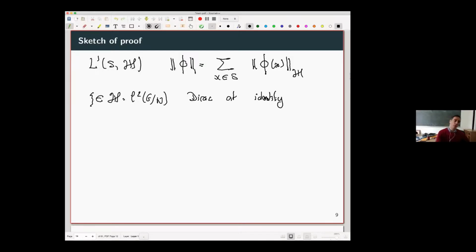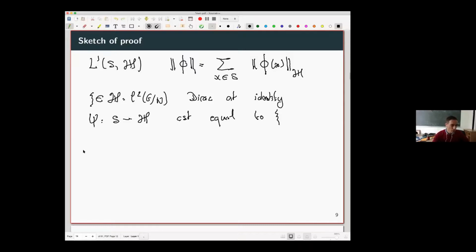That is the function from G mod n to R which is 1 on the identity and 0 everywhere else. And then I will define psi to be a function from S to H, so that would be an element in L1 of SH. And this function is a constant function equal to that particular vector xi, which is Dirac at the identity.